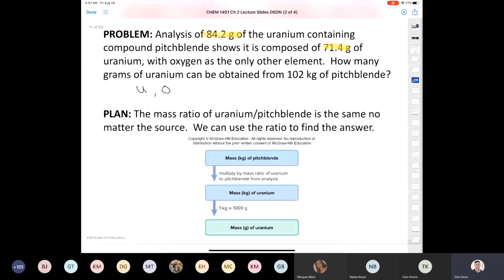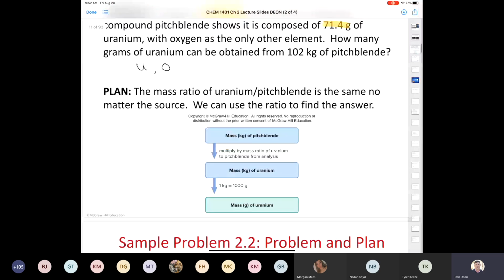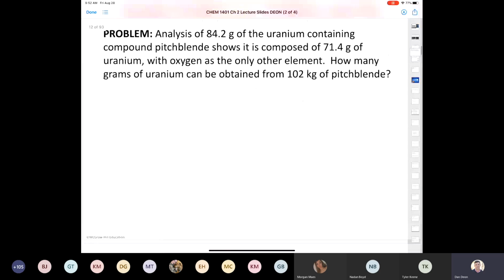Now, if you're not 100% sure what is going on, let's take a look at it over here. Let's solve it. First, let's solve for the percent mass of uranium in pitchblende. The percent mass of uranium is going to be equal to 71.4 grams of uranium in 84.2 grams of, I'm just going to call it PIT, pitchblende.